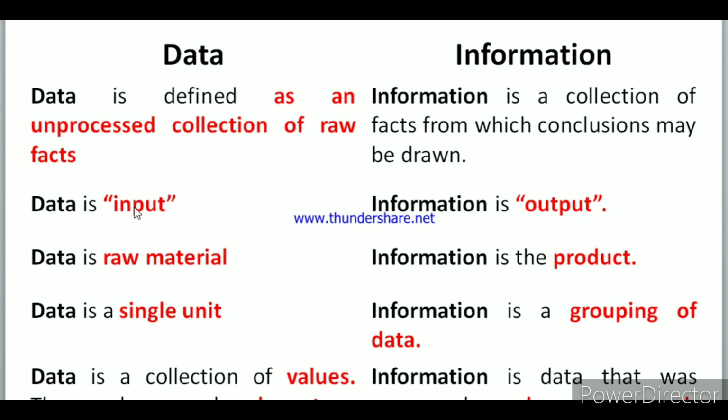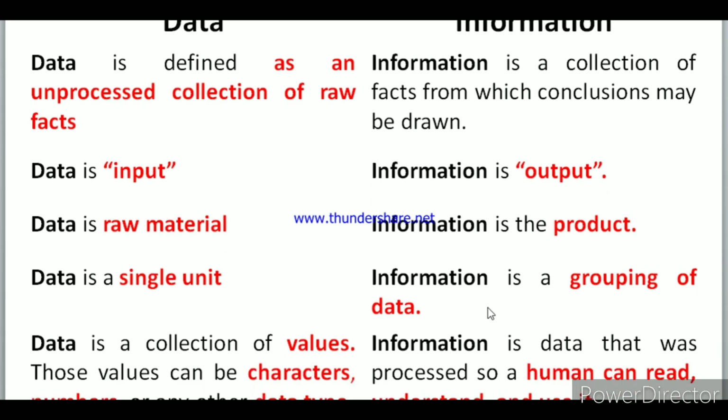The input of any process is the raw material or single unit. The output may be called information. The information is also called a product, a grouping of data.